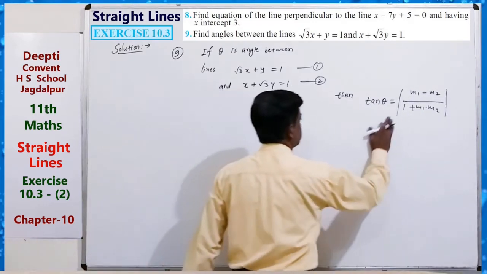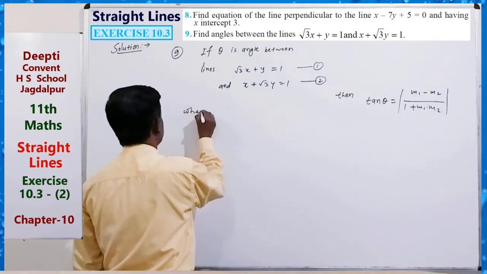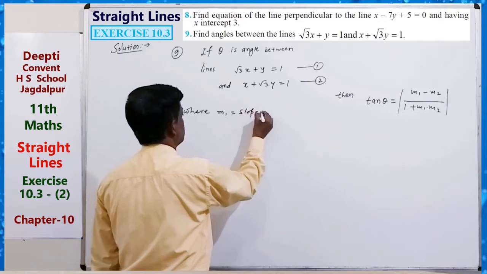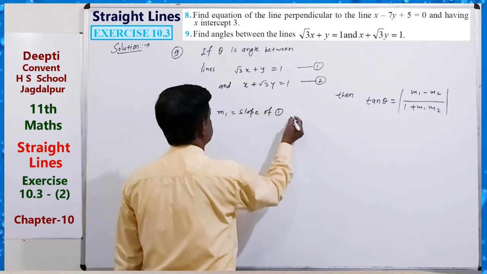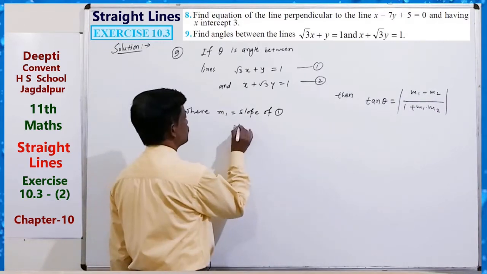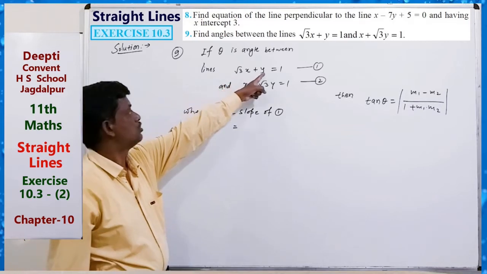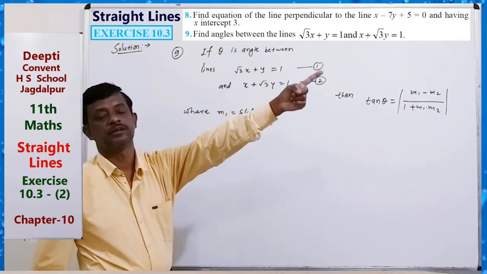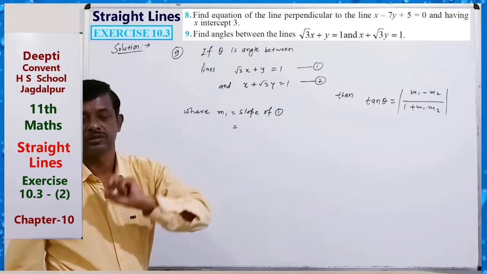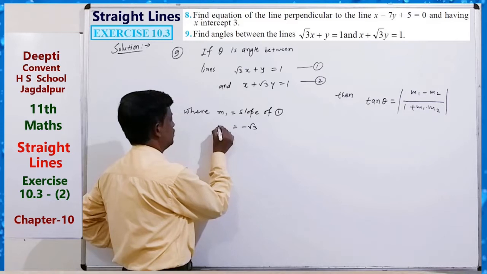Where m1 is the slope of line 1. How can we find the slope of line 1? y equals minus root 3x plus 1. So y equals mx plus c, m1 is minus root 3.